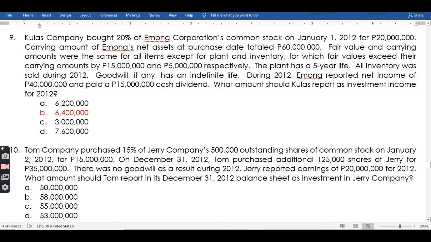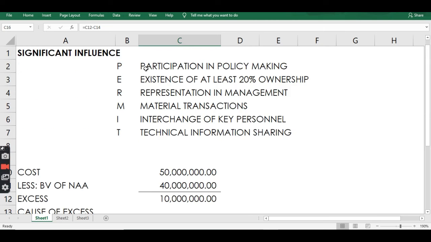Goodwill has indefinite life. Nag-report ng net income na 40 and paid a 15 million cash dividend. Magkano daw i-report na investment income for 2012? Okay, so bago natin gawin yan, balik muna tayo ulit dun sa ating pagko-compute ng ganito.